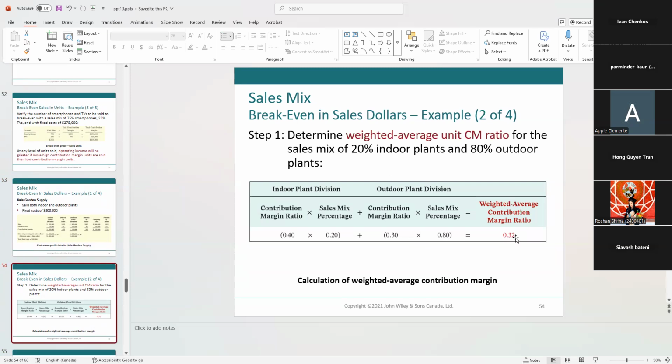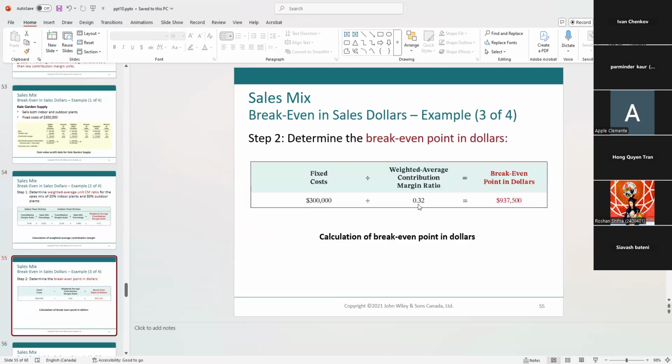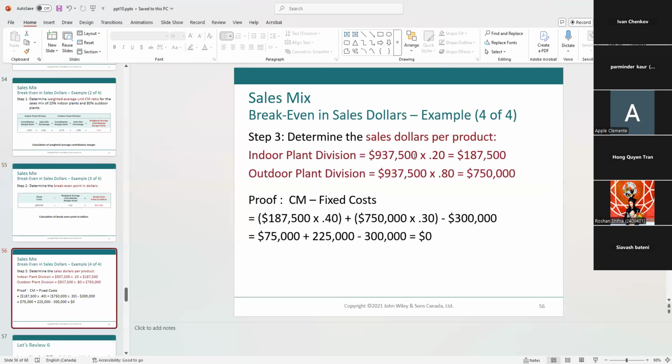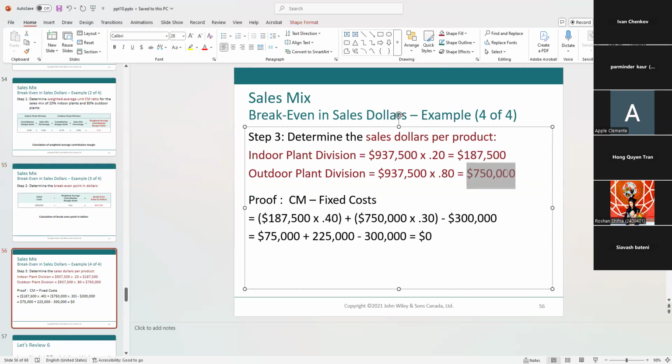Once we get that 32%, we can calculate the break-even point in the total sales amount. Once we get the total sales amount, we can work out how much sales I need to generate from the first product and how much from the second product in order to cover my fixed cost.